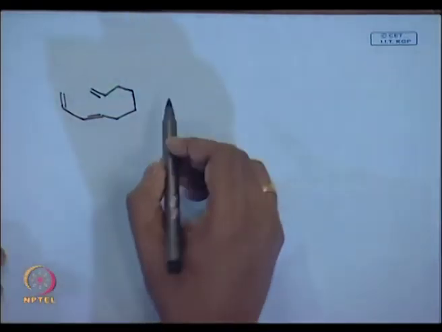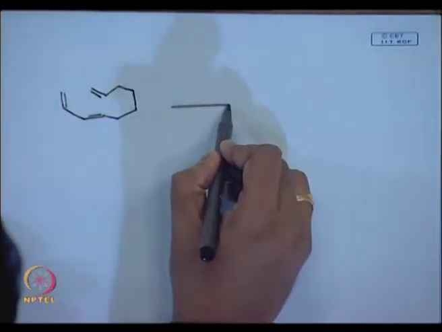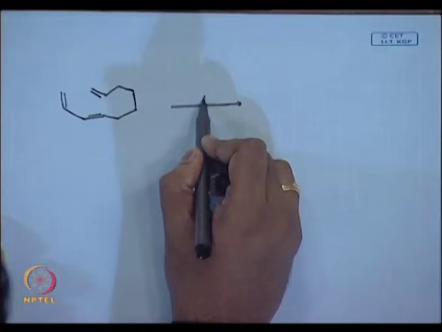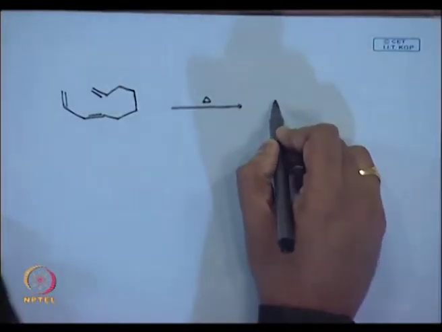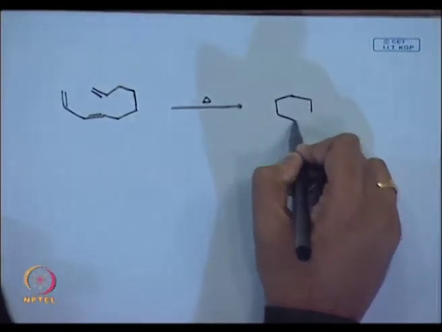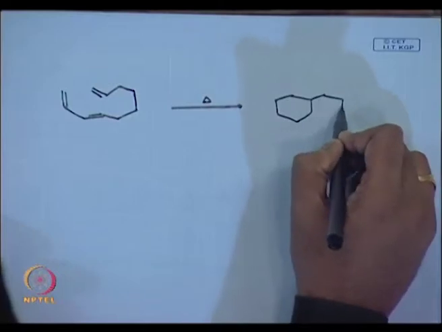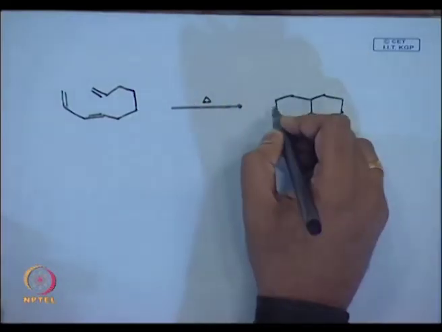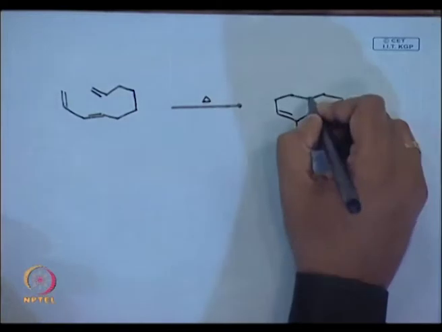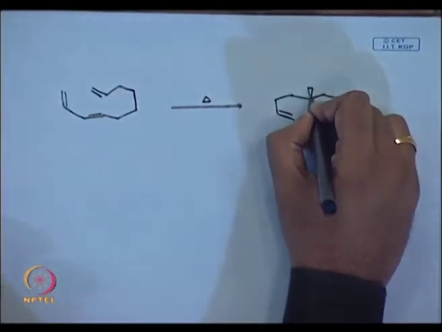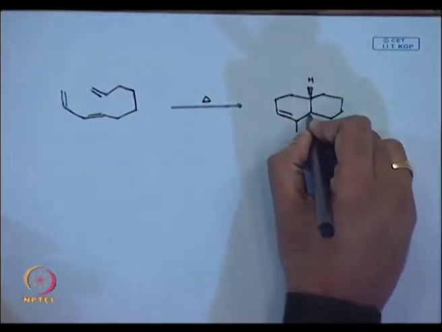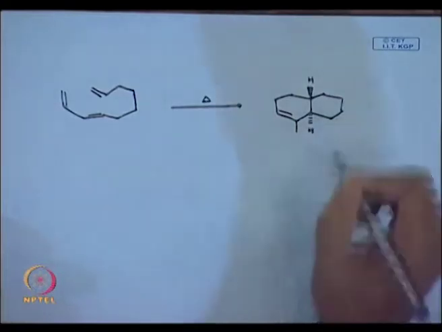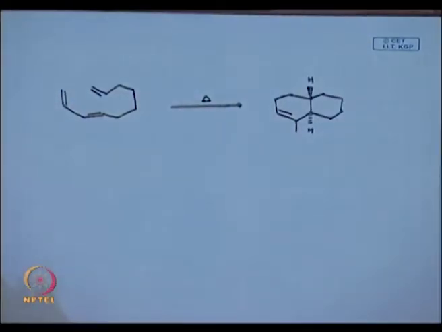Taking the same product, if I do this heating, the product which we get is a trans ring junction, you end up with that sort of trans ring junction.